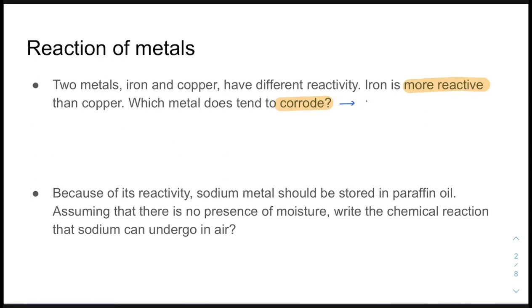Corrosion is a type of reaction with the presence of oxygen and water. So, because we know that iron is more reactive, the metal that does tend to corrode is, for sure, iron.